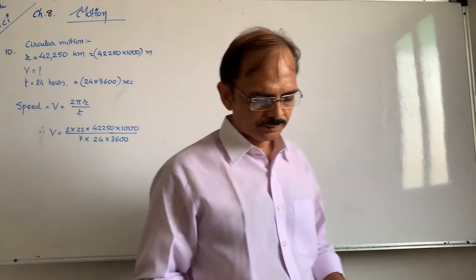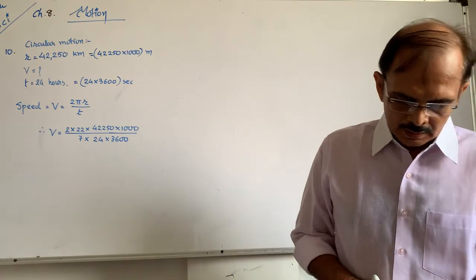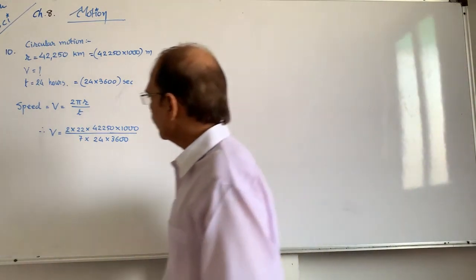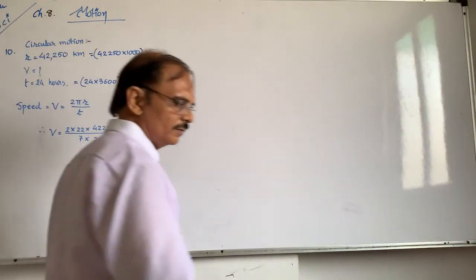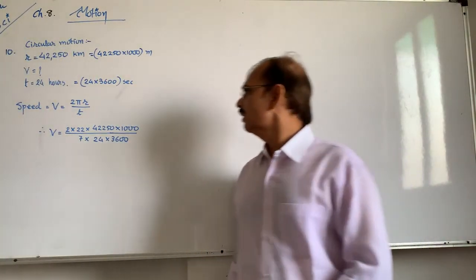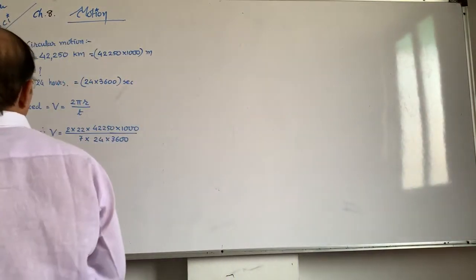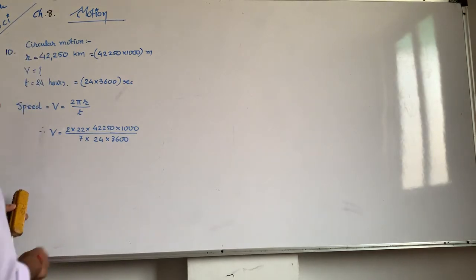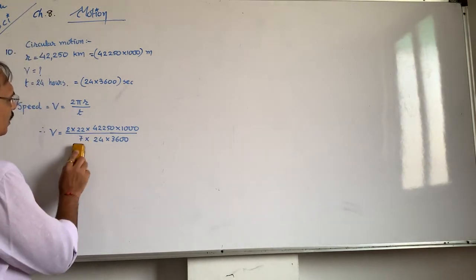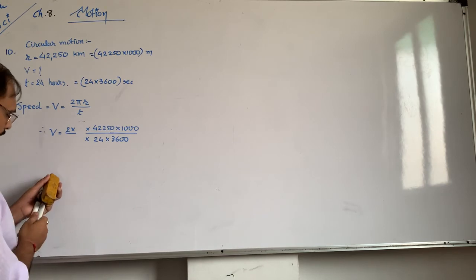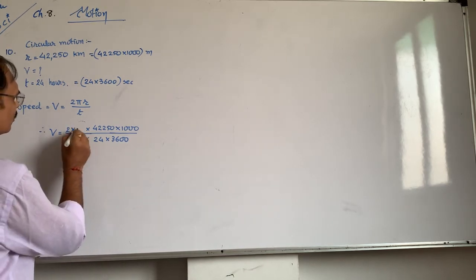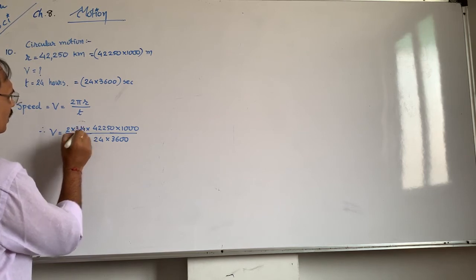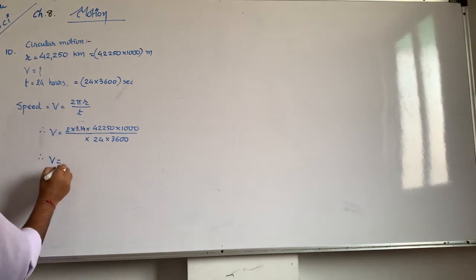Is it okay? You can take pi as 3.14 also, because with 22 by 7 it is a little bit tricky since cancellation is not possible. So I should write 3.14 to make it easy. So don't worry about it, it is given during your exam.